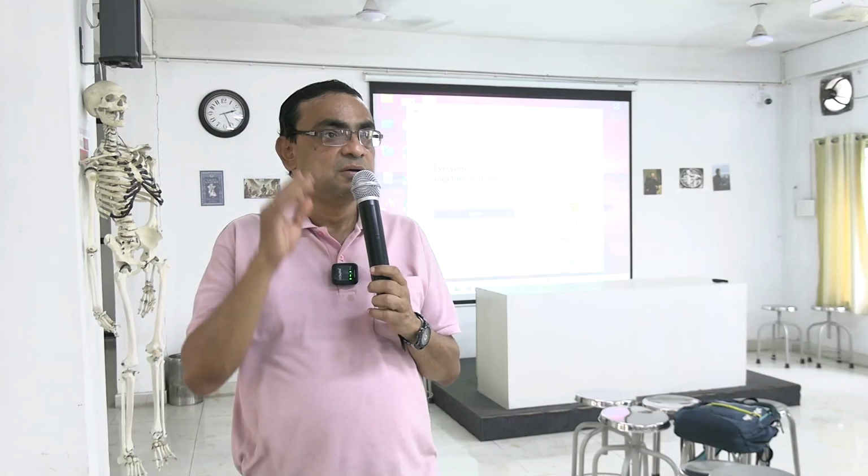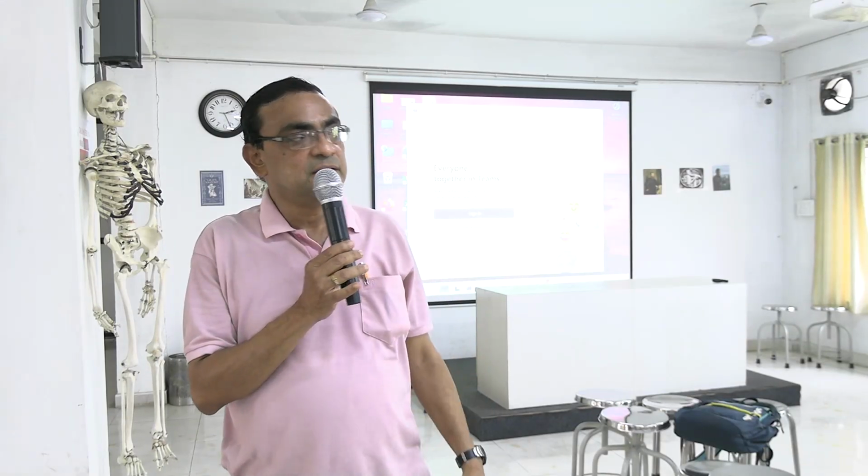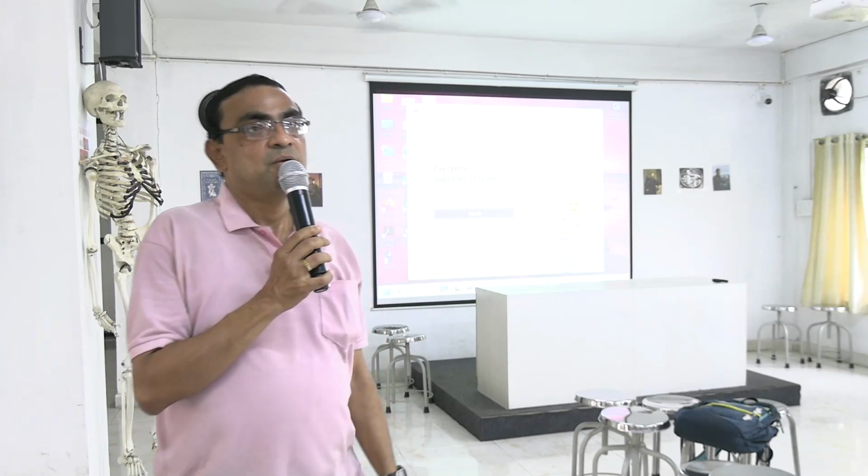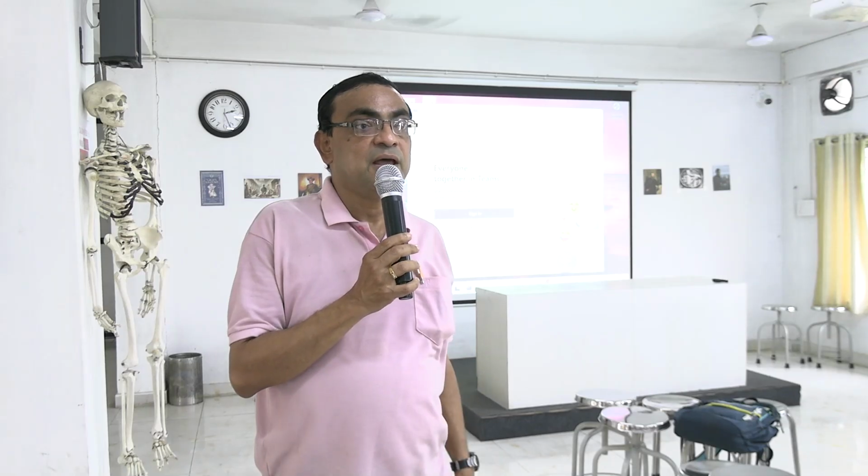Try to ask yourself, inferior epigastric artery, where is it coming from? It is a branch from the external iliac. We know there is bifurcation of the abdominal aorta.